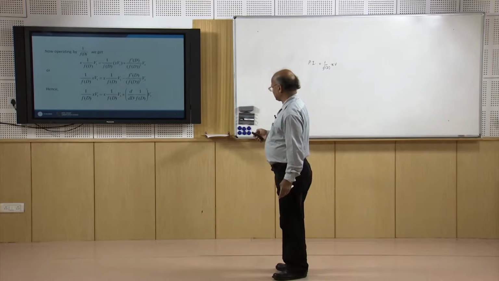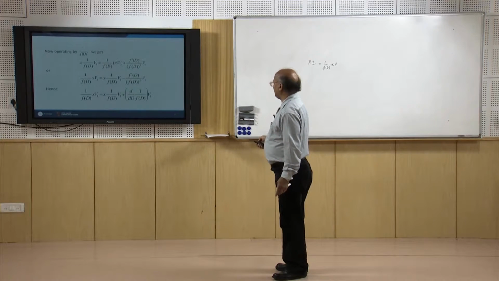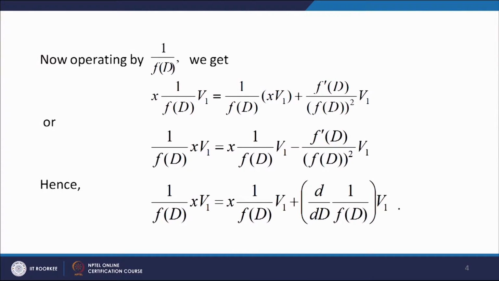On the right hand side we get 1 over f(D) operating on x b1, then 1 over f(D) operating on f'(D), and then 1 over f(D) on b1, which can be interpreted as f'(D) over f(D) whole square operating on b1. So, we get this 1 over f(D) operating on x b1, then f'(D) over f(D) whole square operating on b1. Now, let us write the value of 1 over f(D) x b1 from here.